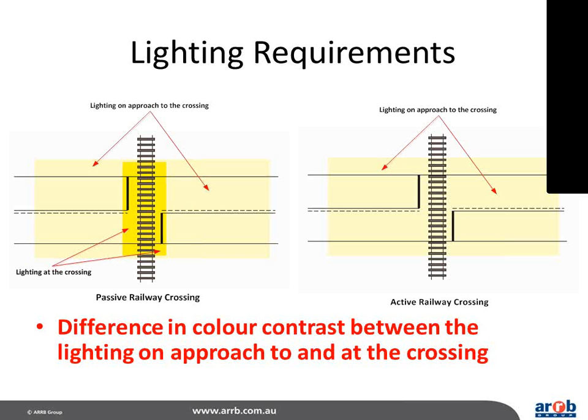There must be something going on there. There's probably a hazard, and that's the reason why a driver might start to be more aware of what's coming up. And that's why the difference in color contrast between the lighting on approach to and at a crossing is perhaps the most important point of lighting at railway crossings.